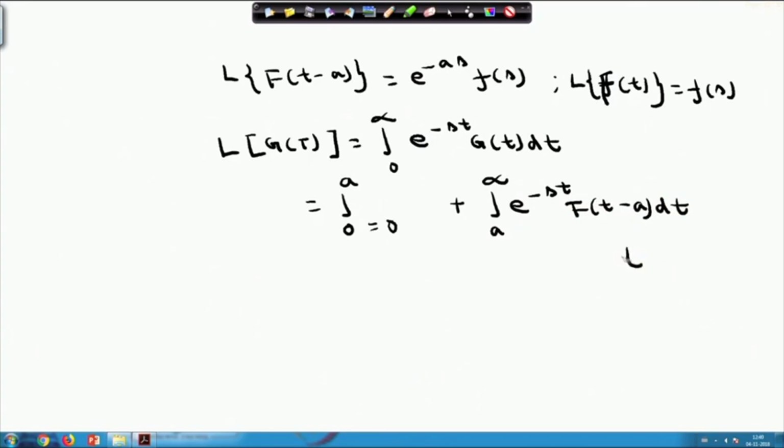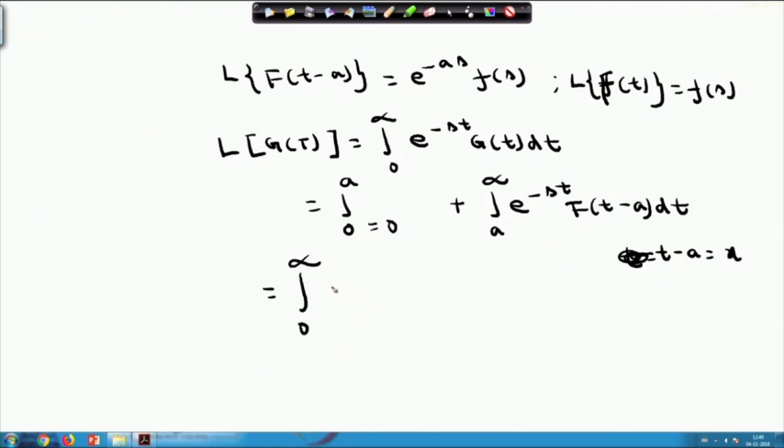Now, on this, I put t - a equals x. Then the lower limit t = a becomes x = 0, so the integration will be from 0 to infinity, because at t equals a, x is 0, and at t equals infinity, x will be infinity.